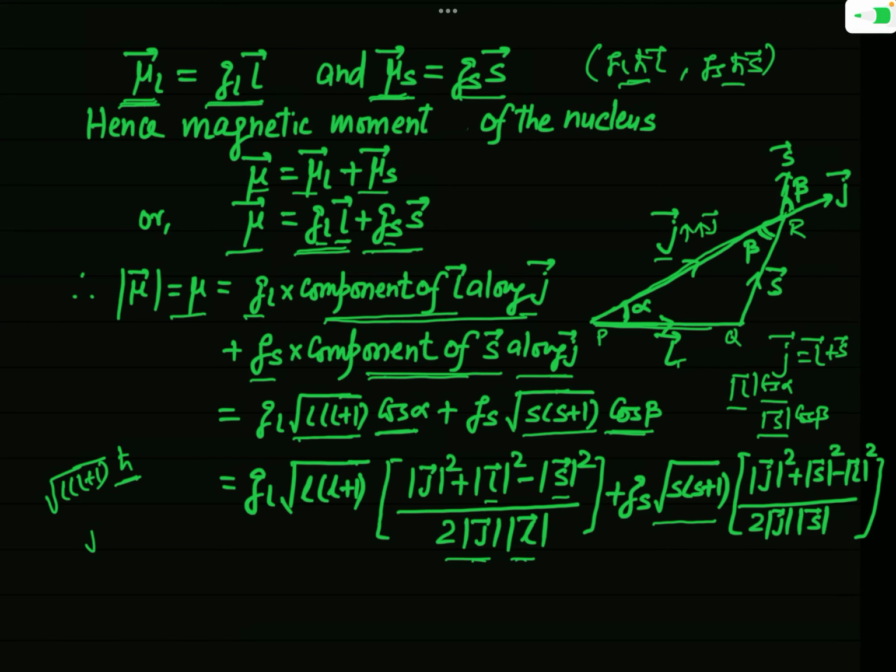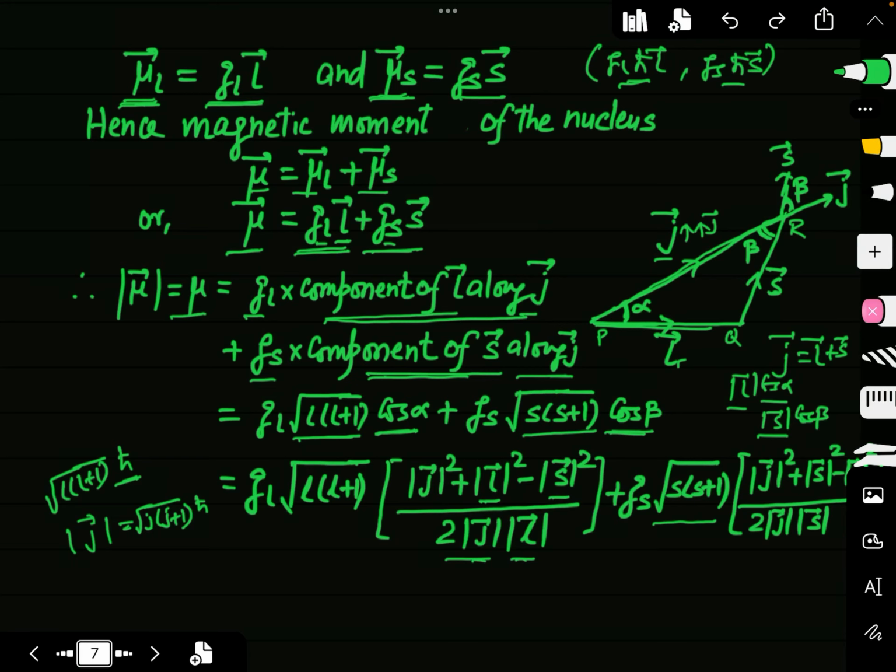As you know, the mod of J is equal to what? This is equal to root over J into J plus 1 into H bar. But H bar has been taken as unity. So this mod of J square will be simply equal to J into J plus 1. Mod of L square will be L into L plus 1. Mod of S square will be S into S plus 1.